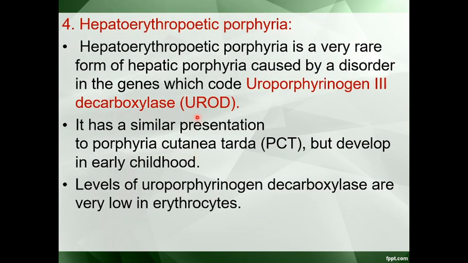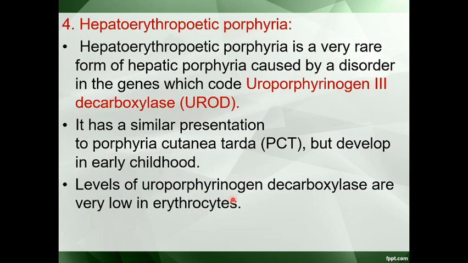Hepatoerythropoietic porphyria is a very rare form of hepatic porphyria, caused by a disorder of the gene which codes for uroporphyrinogen 3 decarboxylase. It has a similar presentation to porphyria cutanea tarda, that is, you can see the skin symptoms developed in porphyria cutanea tarda, but the difference is that this disease develops in early childhood.